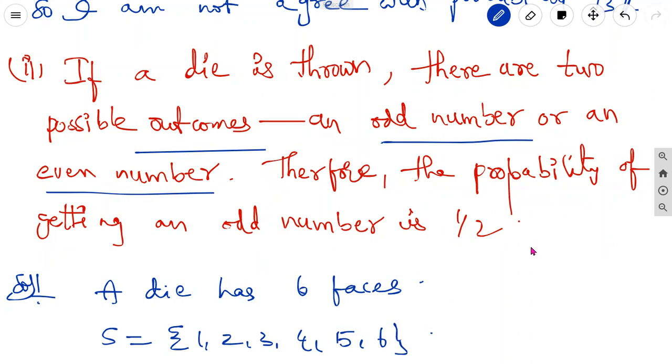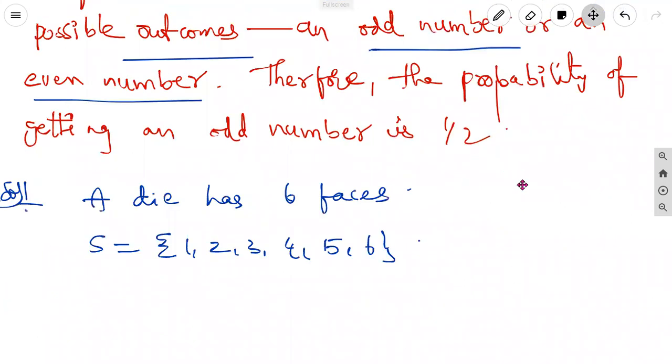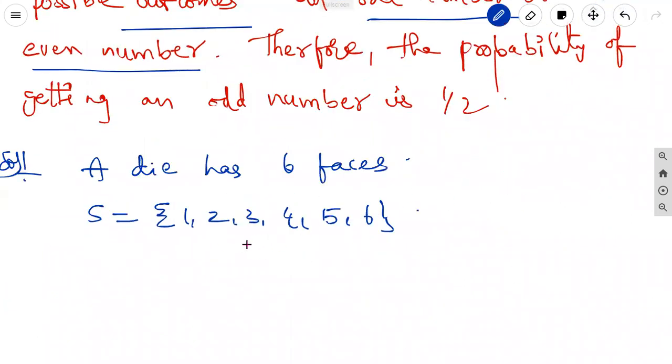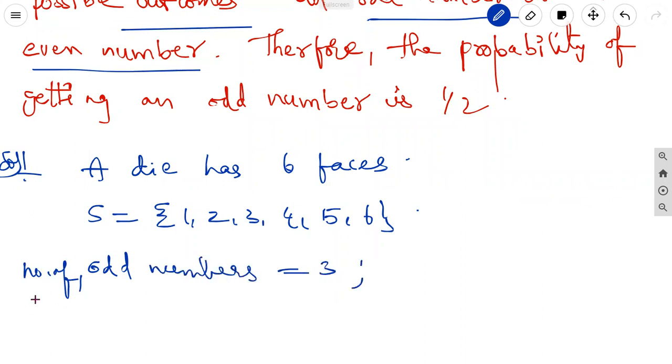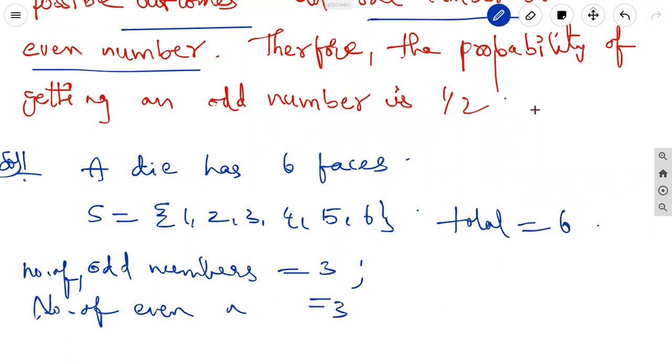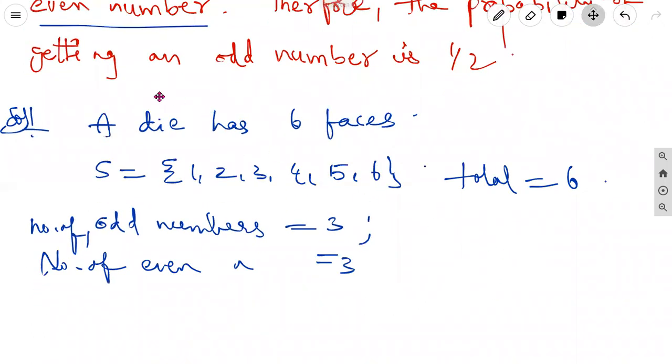In this, odd numbers are how many? In this, the collection of odd and even. Number of odd numbers. How many? 3. Number of even numbers. How many? 3. Total how many? 6.